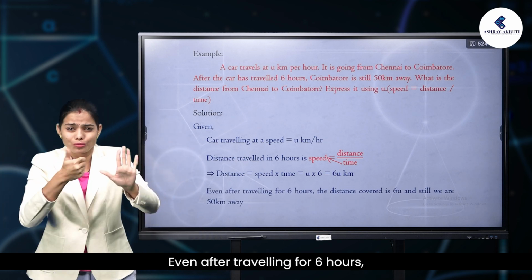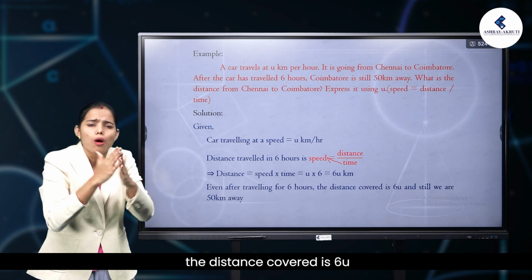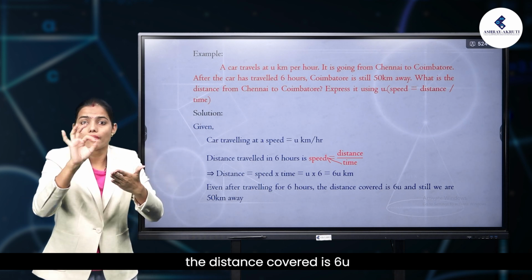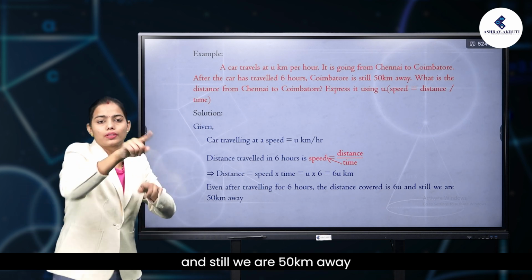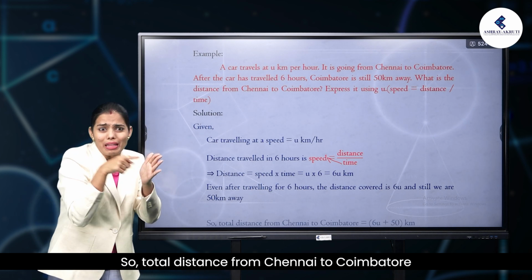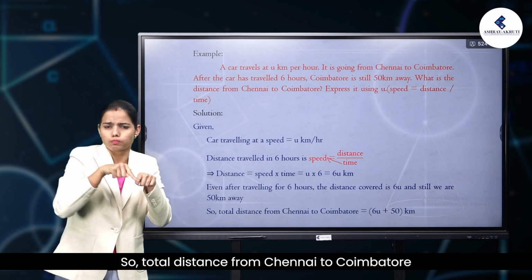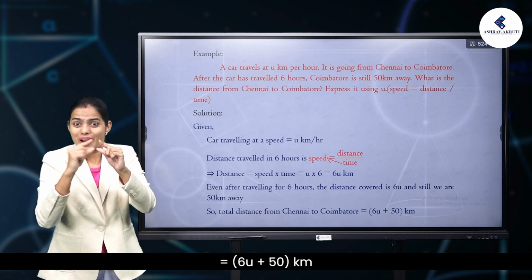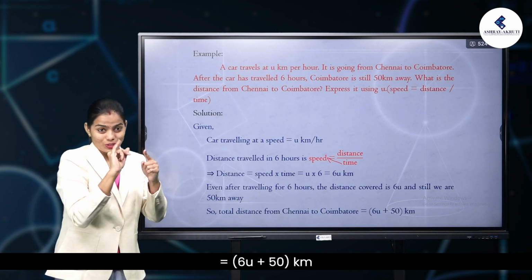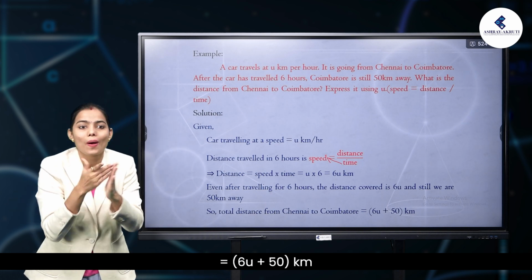Even after travelling for 6 hours, the distance covered is 6u and still we are 50 km away. So, total distance from Chennai to Coimbatore is equal to 6u plus 50 km.